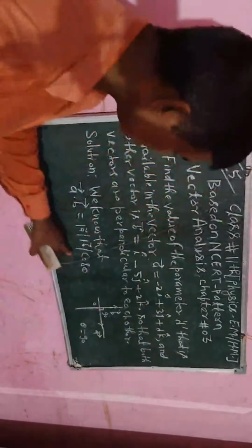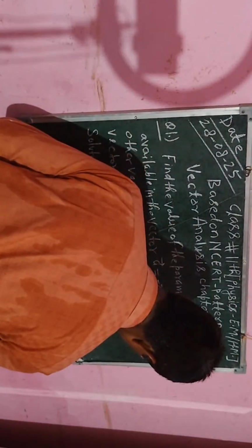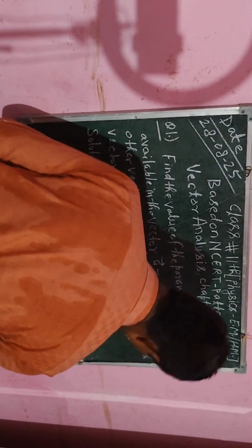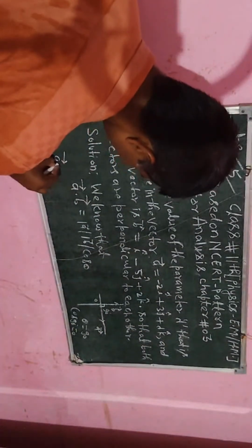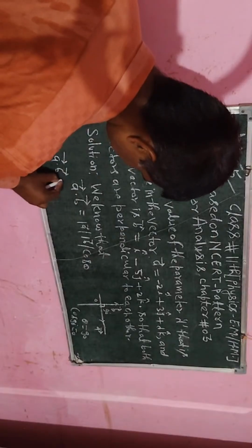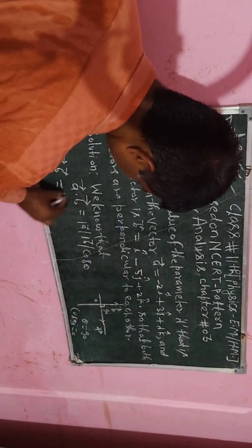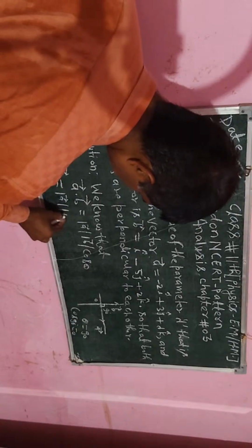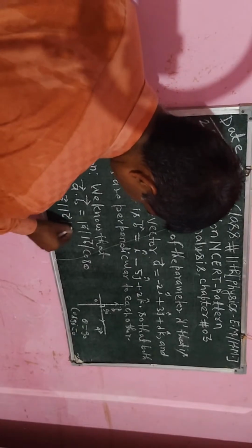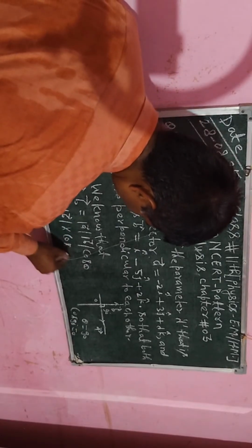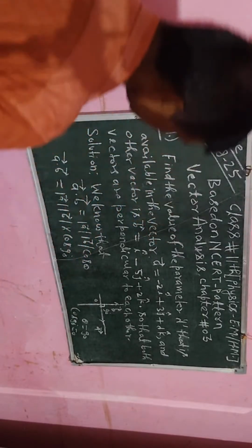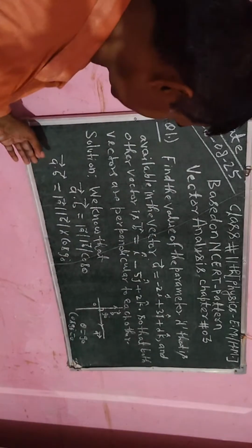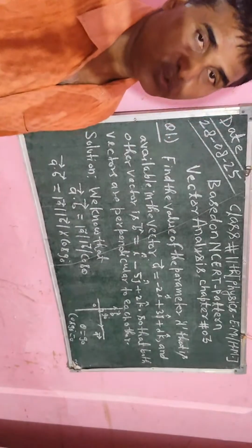So I will put here cos 90 degree, and its value will be 0. So A dot B is equal to magnitude of A into magnitude of B into cos 90 degree, and cos 90 degree has value 0.